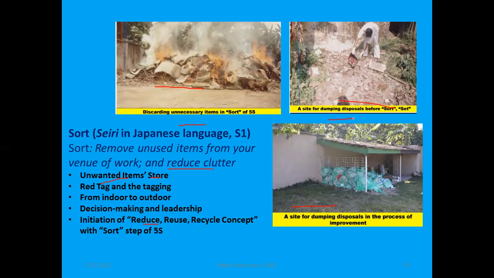Next is a site for dumping disposables in the process of improvement. So this is stage 1, this is stage 2, this is stage 3. Finally, you have to maintain a good environment for all this process.